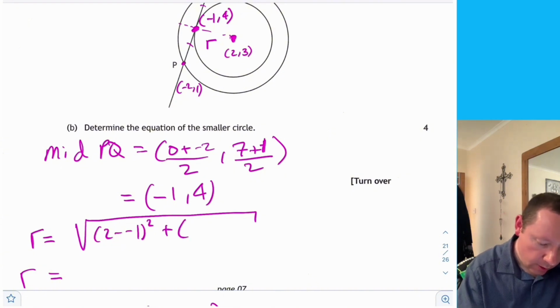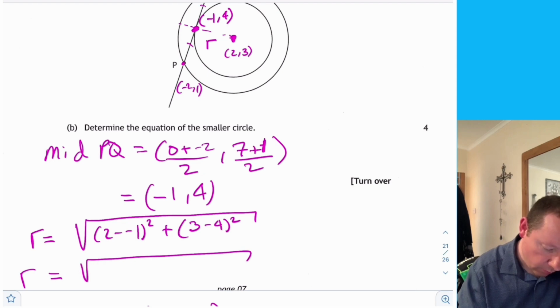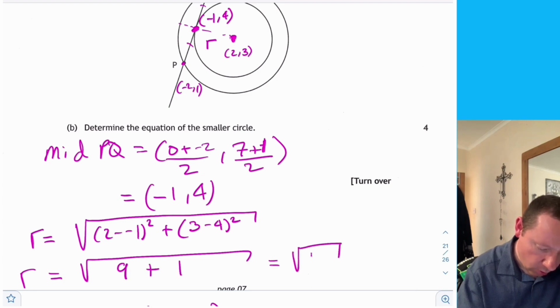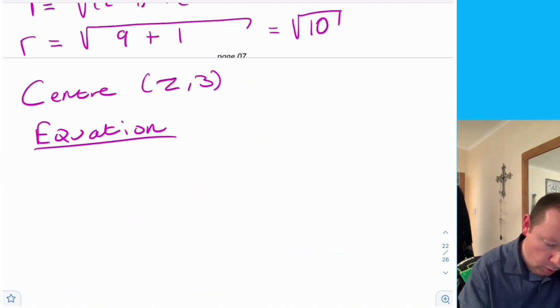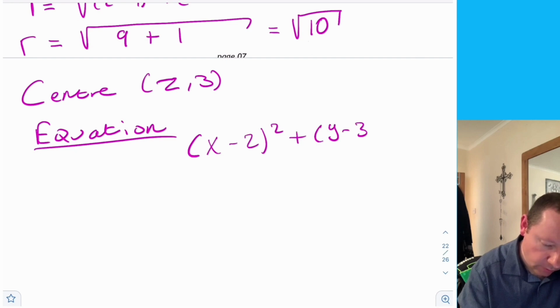So that's (3 minus 4) squared. So that gives me the square root of (2 minus minus 1 is 3) squared, which is 9, plus minus 1 squared, which is 1, giving you a radius of the square root of 10. So our equation is just (x minus 2) squared plus (y minus 3) squared equals root 10 squared, which is 10.